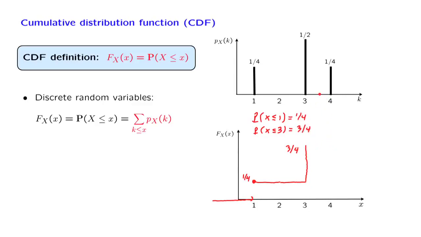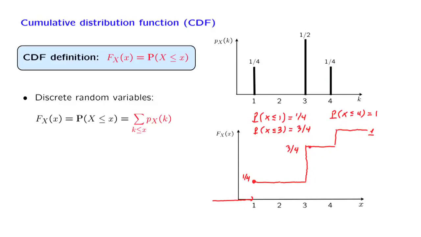For any other x in this interval, the probability that the random variable takes a value less than this number will stay at 1/4 plus 1/2. So the CDF stays constant. And at this point, the probability of being less than or equal to 4 becomes 1. And so the CDF jumps once more to a value of 1.